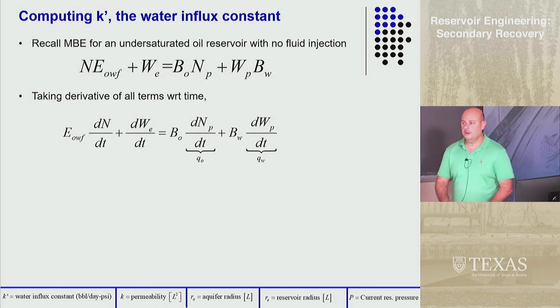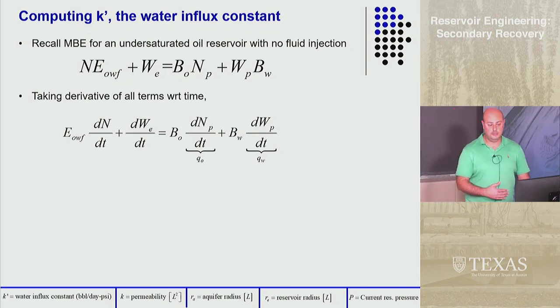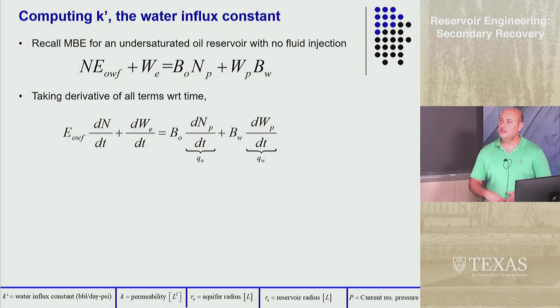Now, dNP/dt is the change in oil produced with time. That's the oil rate. Nobody's going to produce oil from a reservoir without measuring the oil rate, or the water rate for that matter, dWP/dt. So you'll have a table, you'll have data of QO and QW versus time. dN/dt: N is the original oil in place.